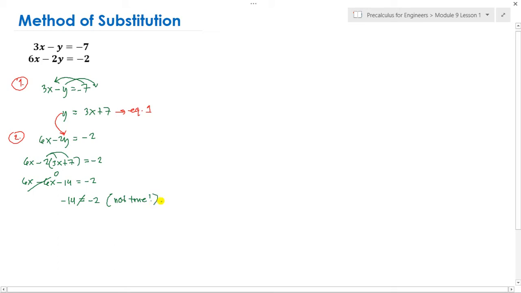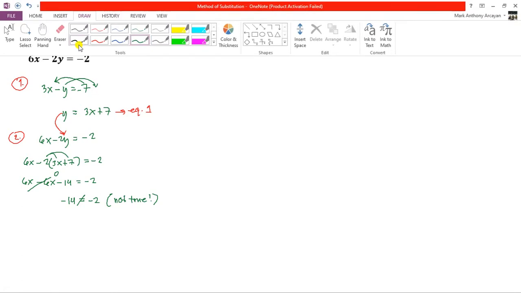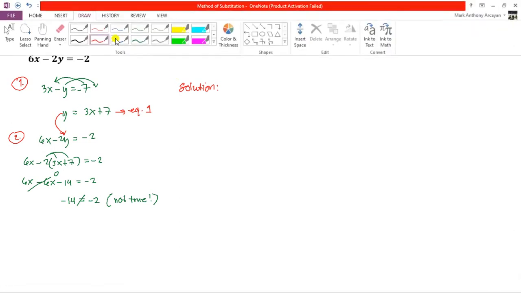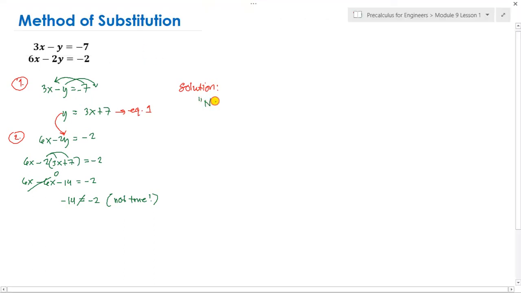So if you encounter this, what we can conclude is: since the result of our solving is not true, the possible answer is that we don't have a solution. No solution. So you need to put no solution here, meaning there is no value that satisfies both equations.